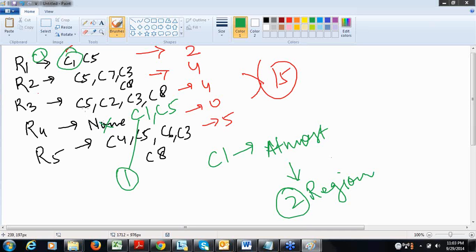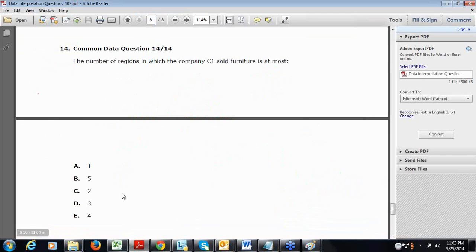If that condition is not there in R4, we can have C1 and C5 again. It is not mandated that the same companies cannot be in two regions. So it will be option C, 2. It can have a maximum of 2.